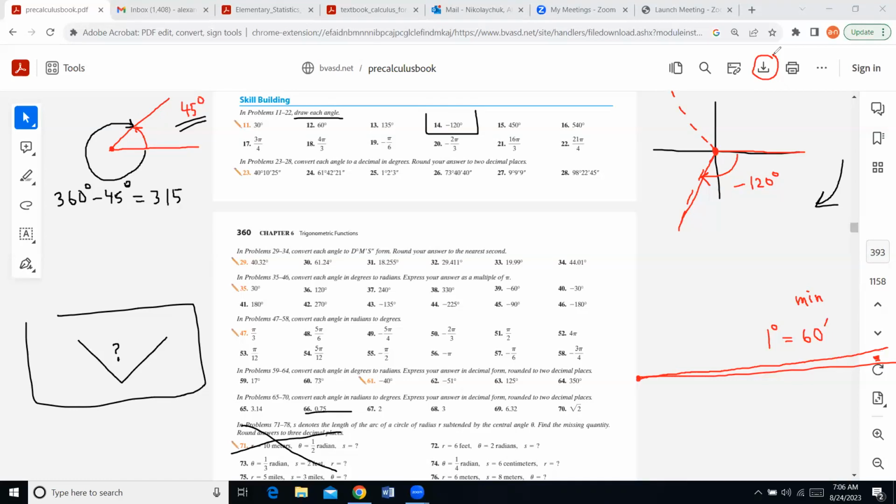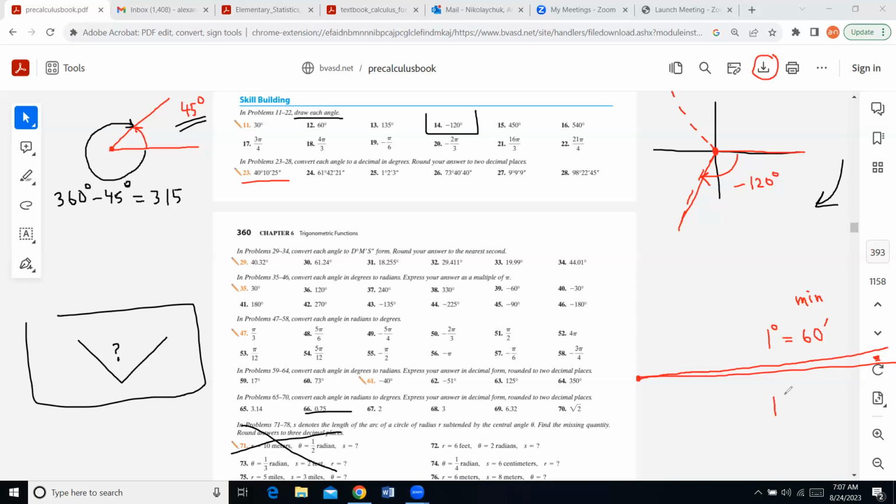So anyway, going back to the story, notice there are some exercises here that deal with these little symbols such as minutes. For example, exercise 23 has degrees and minutes, and there is one more measurement, which is called seconds.